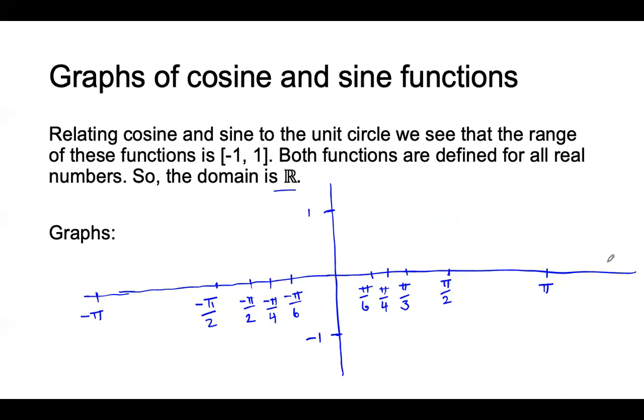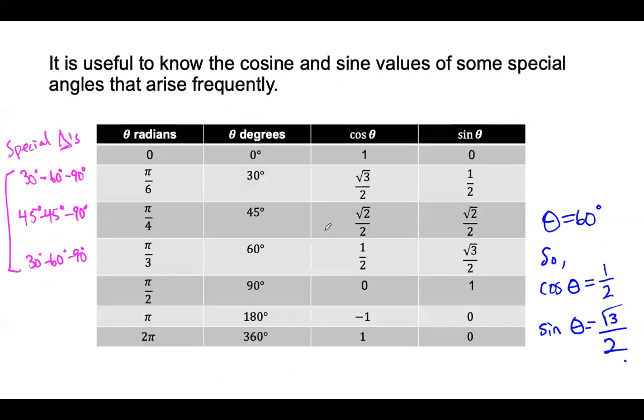Remember this x-axis is in radians, not degrees. Then we just plot those points. For one of the functions, let's say sine or cosine, we plot all the values. Let's go back. All the cosine ones, see what we get, connect the points. All the sine ones, plot all the points, see what we get.